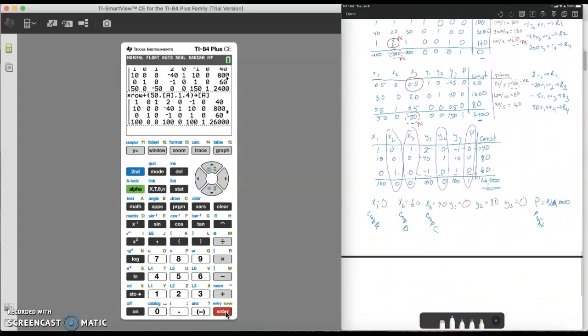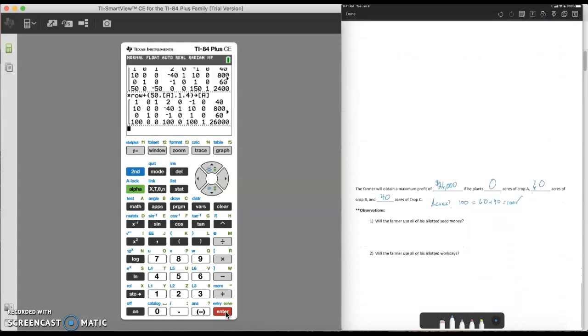So if we copy that back down, his seed money was 40x1, which is 0 here, plus 20x2, which happened to be the 60 in this case, plus 30 times x3, which was 40, is what we just found. And we want to know, what does that equal? It was supposed to be less than or equal to 32. That's $3,200 is what he had to spend.